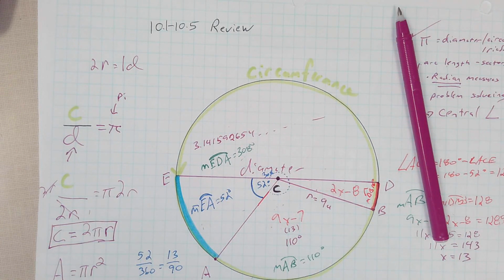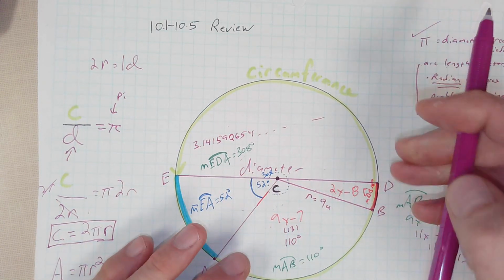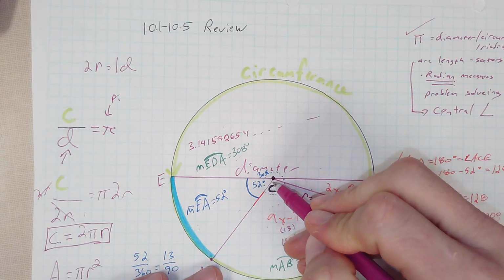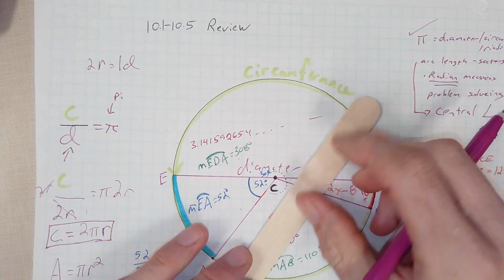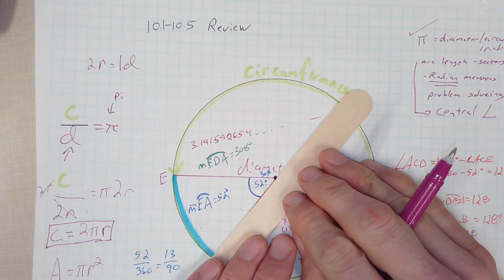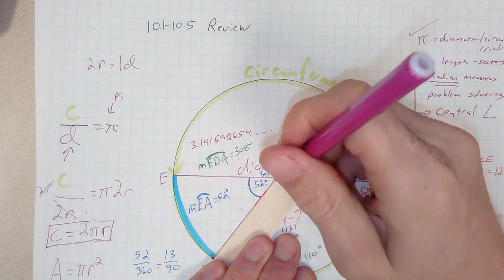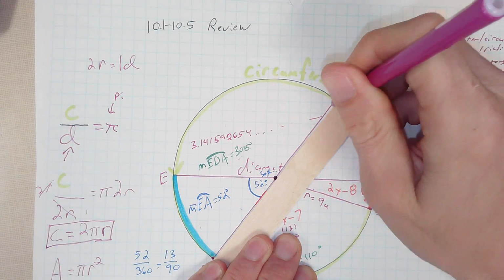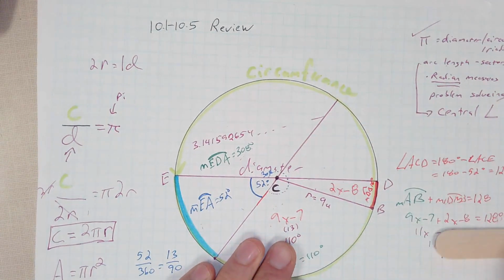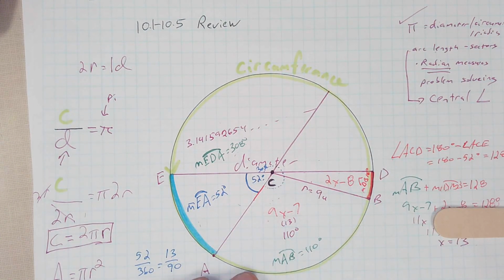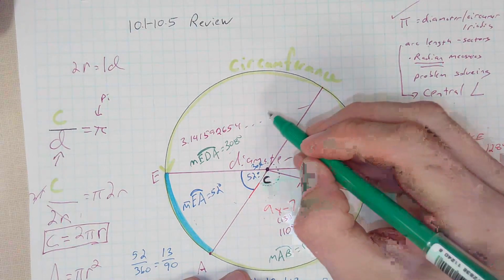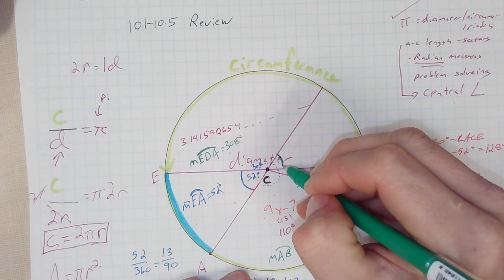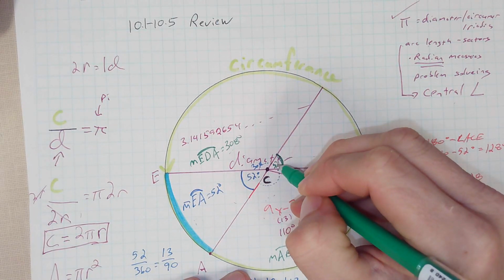No, we covered 10.5. Remember that if we have intersecting lines or intersecting chords, or not chords, but diameters, like this one, all your lines of intersection rules apply too, right? So like 52, these are vertical angles, so this is 52 degrees.